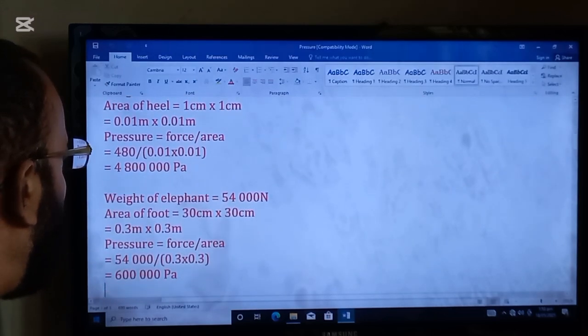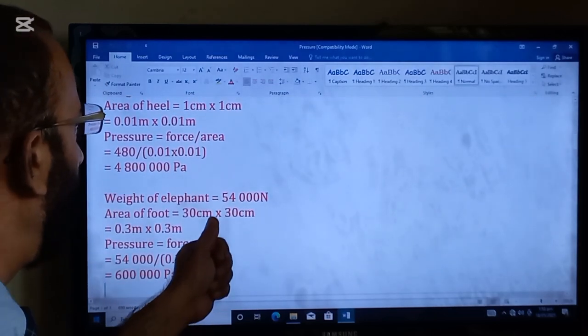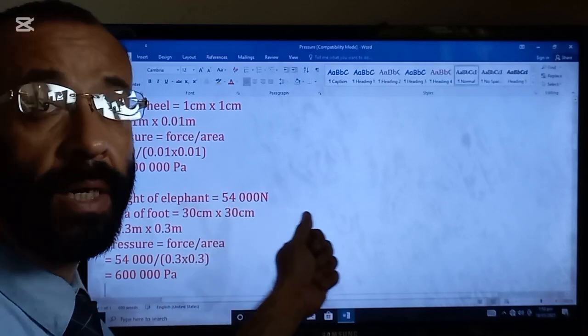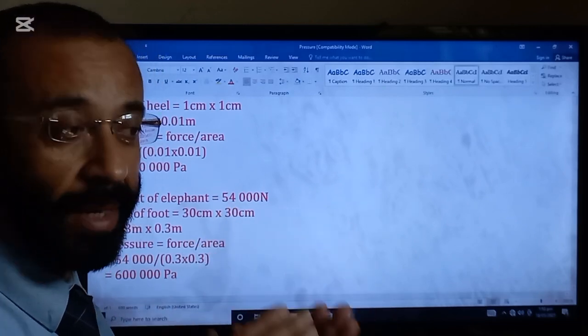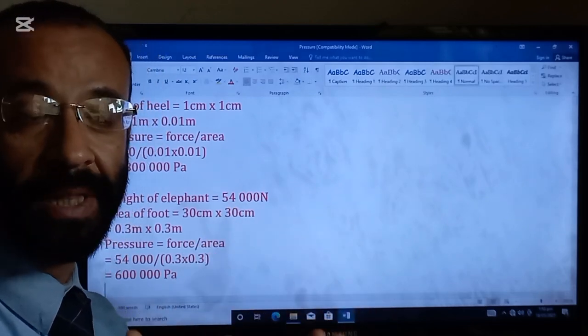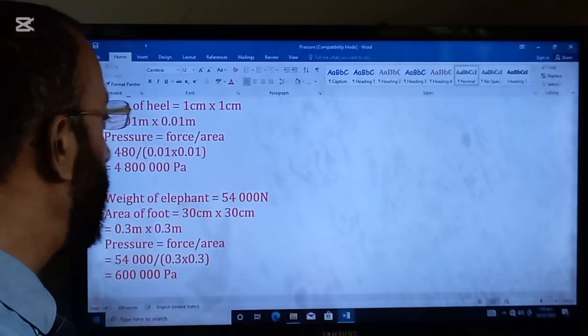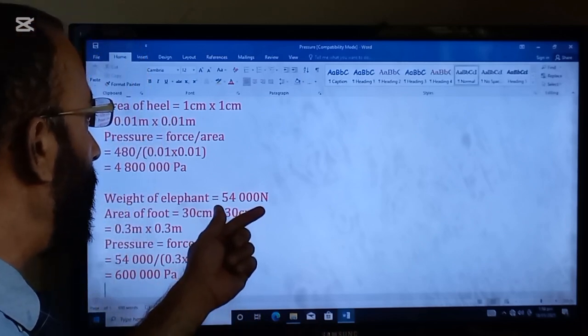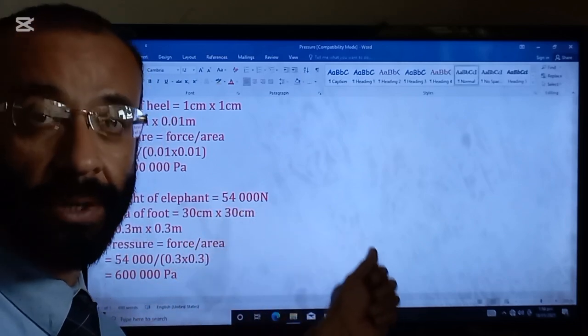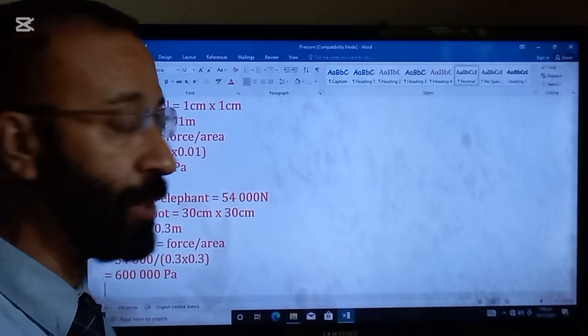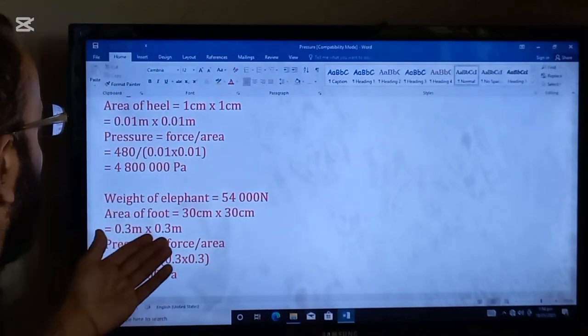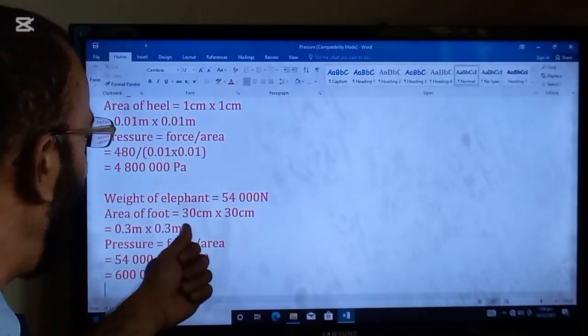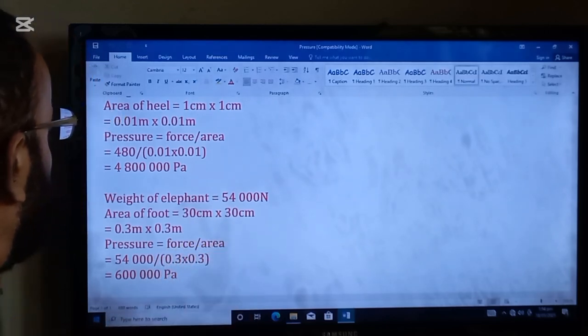Whereas the weight of an elephant is normally 5400 kg, and after converting it into Newton, that is W is equal to mg, the force will become 54,000 newtons of one elephant. Area of the foot of the elephant is normally 30 centimeter by 30 centimeter.